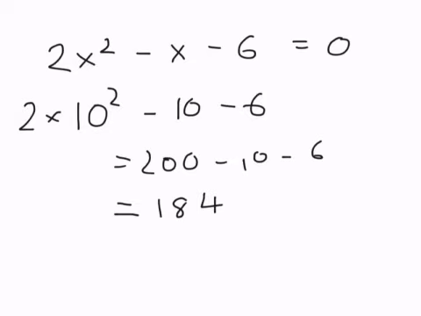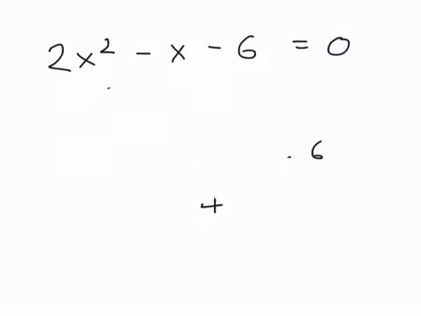But if you look at the start, we said it must equal 0. 184 most certainly does not equal 0. As a result, the answer is clearly not x equals 10.